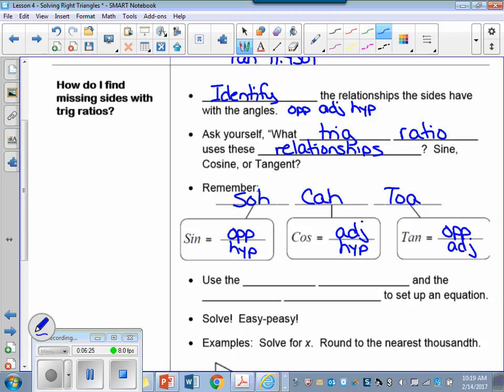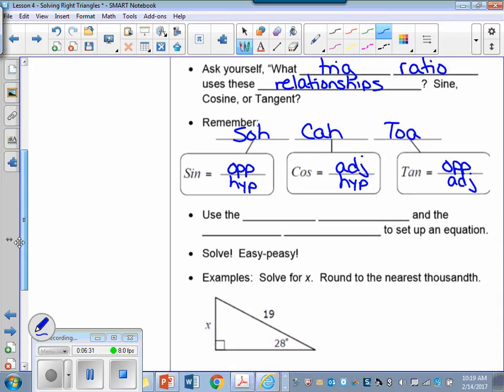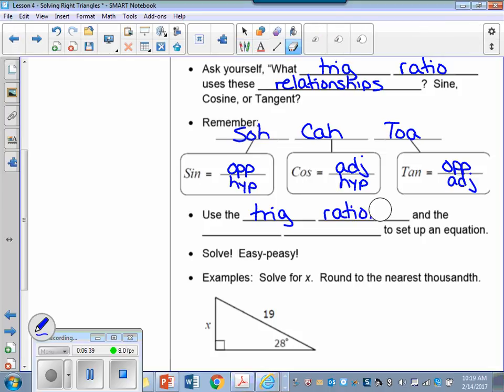Okay, so we're going to use the trig ratio and the angle measure to set up an algebraic equation. Then you solve. The algebra should be easy peasy at this point.